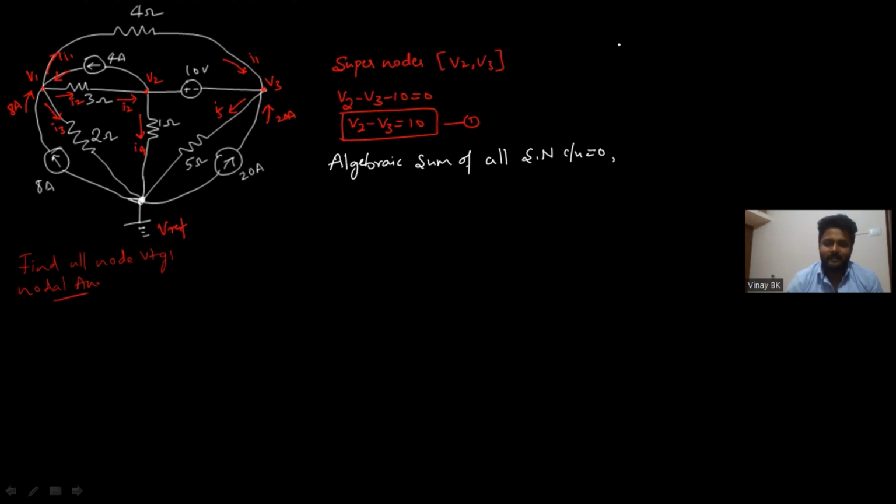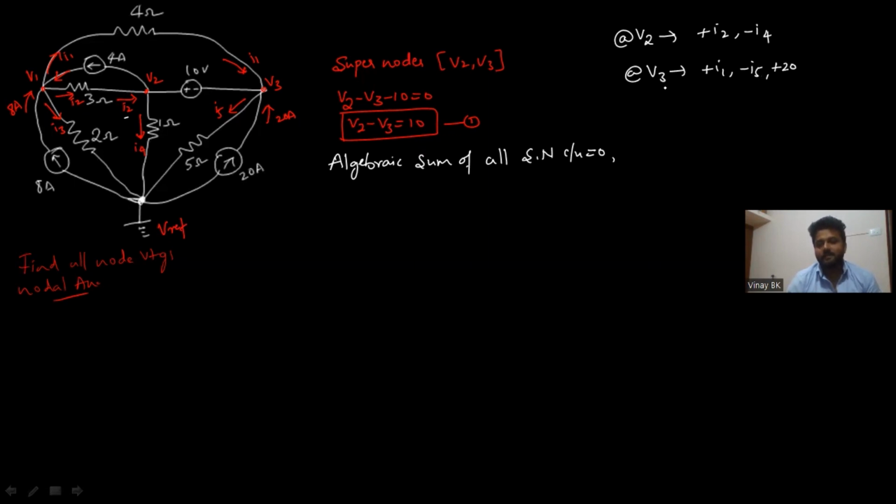So now I'll write the supernode currents. At node V2, you assume I2 is entering, I4 is leaving, so plus I2 minus I4. Again at V3, I1 is entering, so plus I1, I5 is leaving, so minus I5, 20 ampere is entering, so plus 20 amperes.